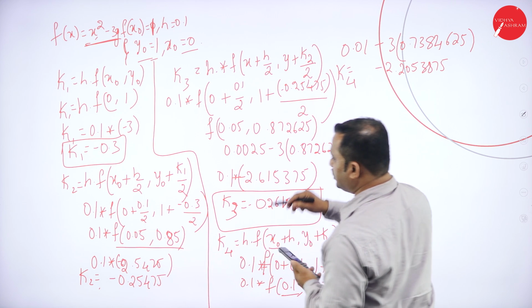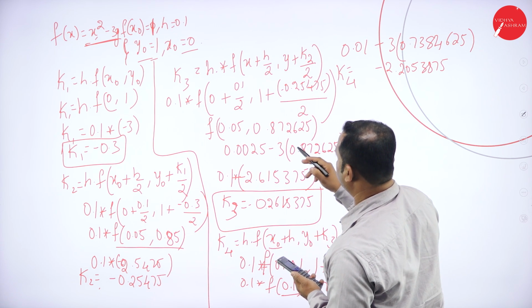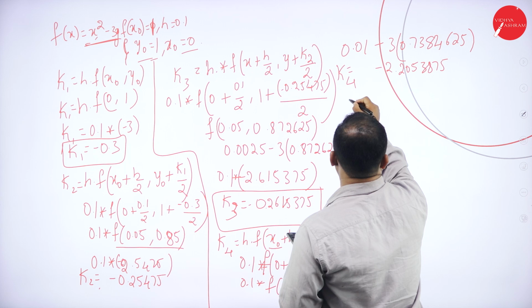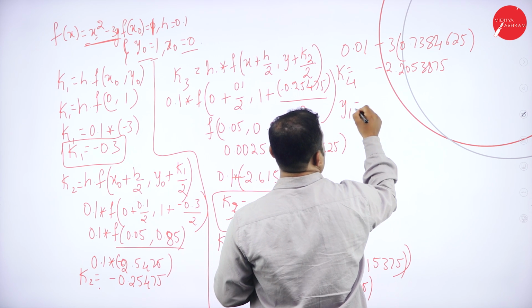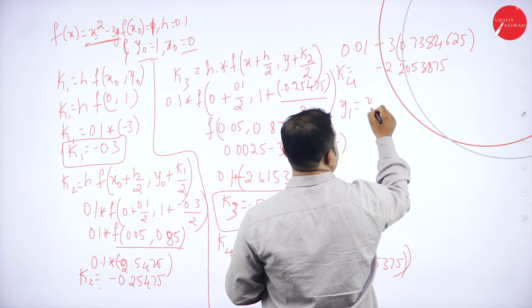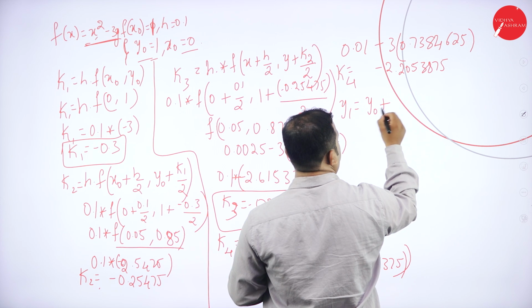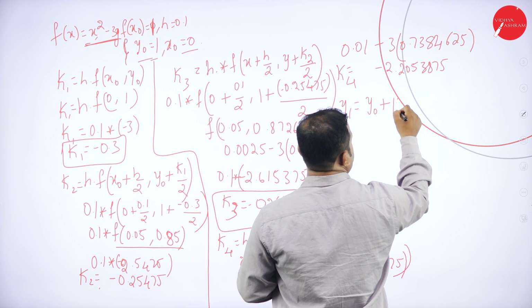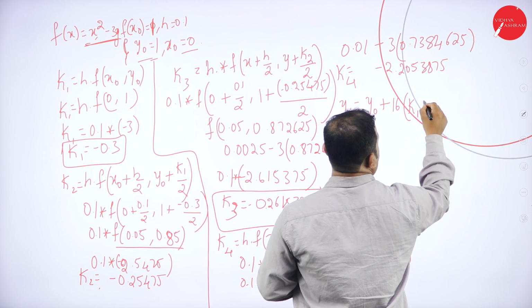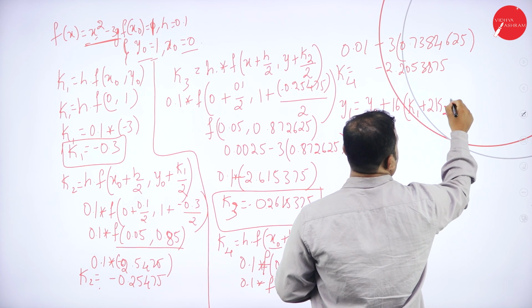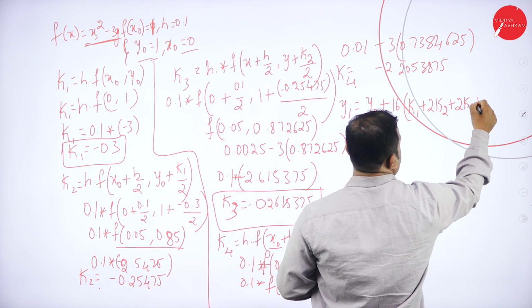Now I have to substitute these values of K1, K2, K3, K4 into that original equation. What is that original equation? Y1 is equal to Y0 plus 1/6 times K1 plus 2 times K2 plus 2 times K3 plus K4.